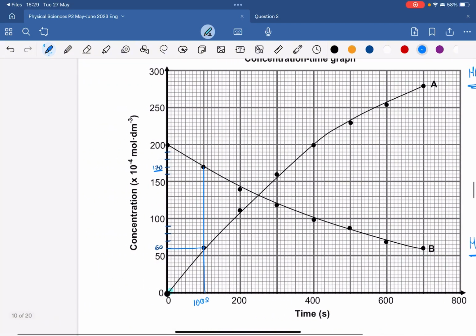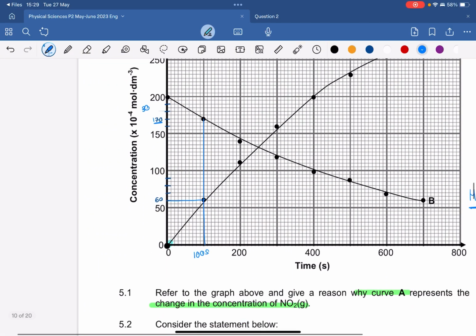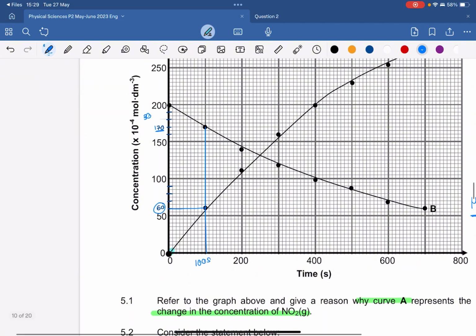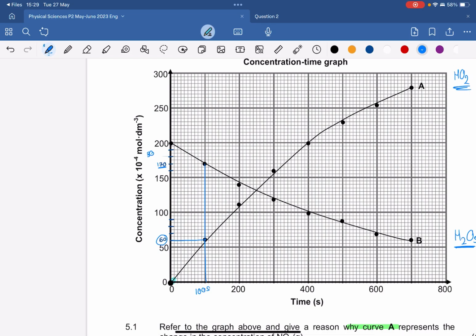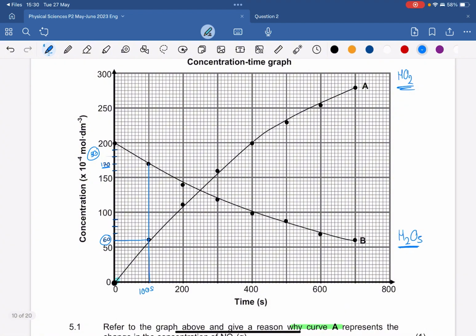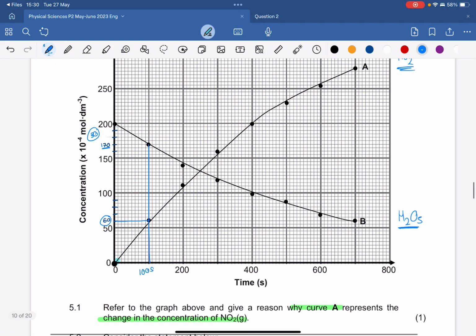So there's a decrease of about 30 moles per decimeter cubed. We can see that after 100 seconds, 60 moles per decimeter cubed of NO2 is formed, and at the same time 30 moles of N2O5 is lost. So this statement is therefore true. There is a 1:2 relationship.